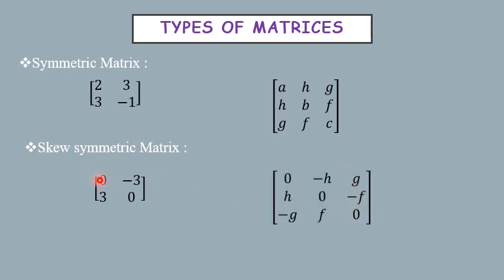So here diagonal elements are 0 and elements opposite to these diagonals are equal in magnitude but opposite in sign. This is also a skew symmetric matrix of order 3 because diagonal elements are 0 and elements opposite to diagonals are equal in magnitude but opposite in sign. Look here, minus h, the opposite element is h, g opposite element is minus g, minus f opposite element is f.